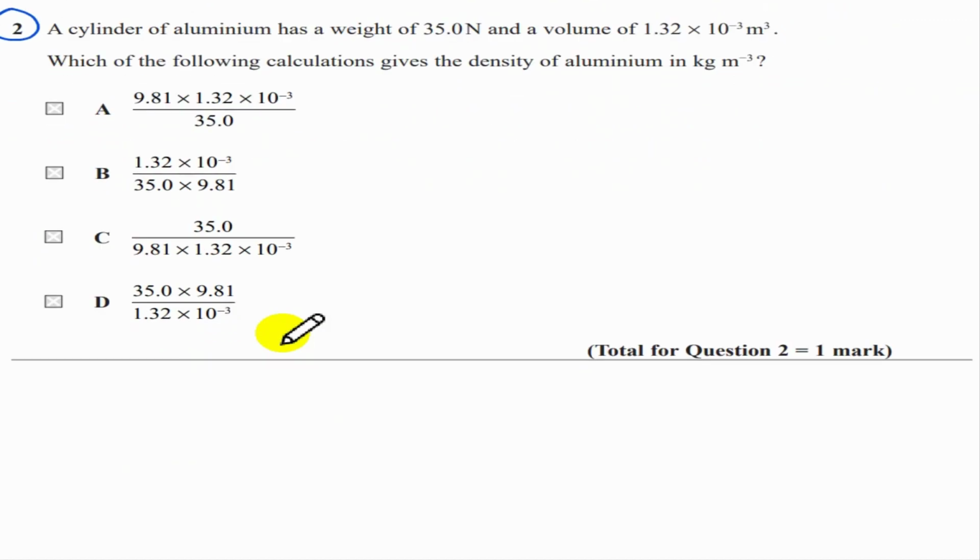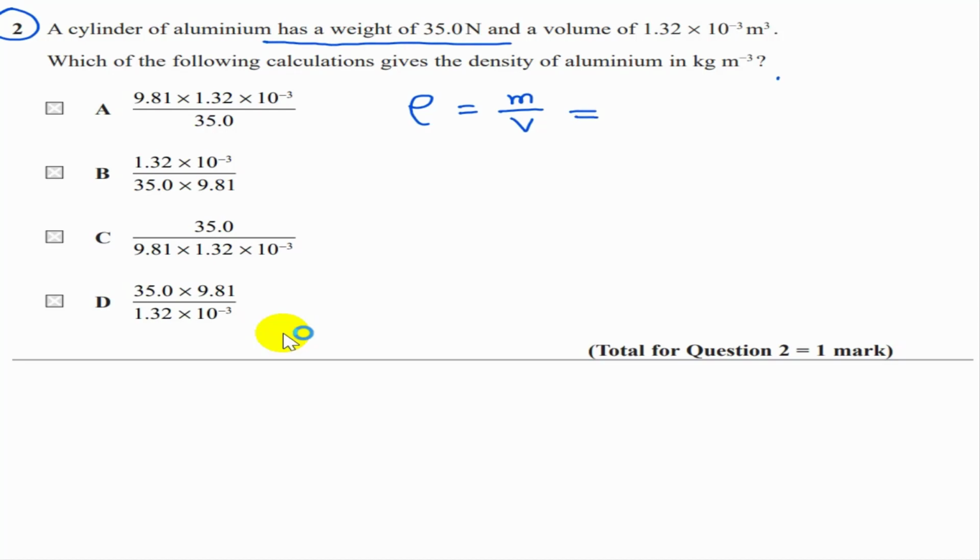Now question number 2. A cylinder of aluminium has a weight of 35.0 Newton and a volume of 1.32 10 to the power minus 3 meter cube. Which of the following calculations gives the density of the aluminium in kg per meter cube? We know density equal to mass divided by volume. Here weight is given.